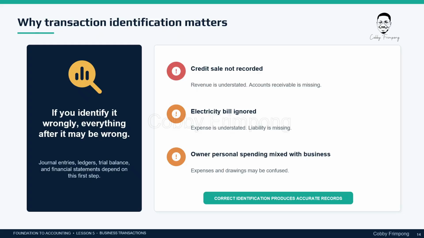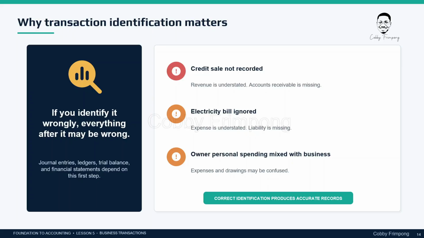Why transaction identification matters? Transaction identification matters because everything in accounting depends on it. If you record something that is not a transaction, your records may be wrong. If you fail to record something that is a transaction, your records will also be wrong.